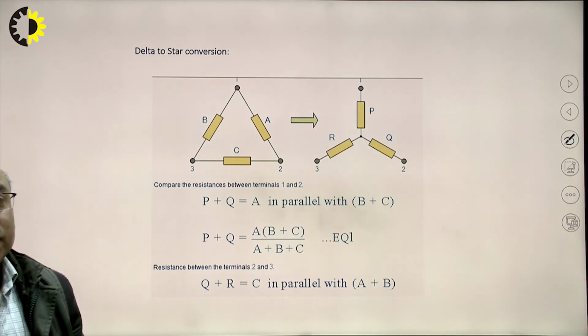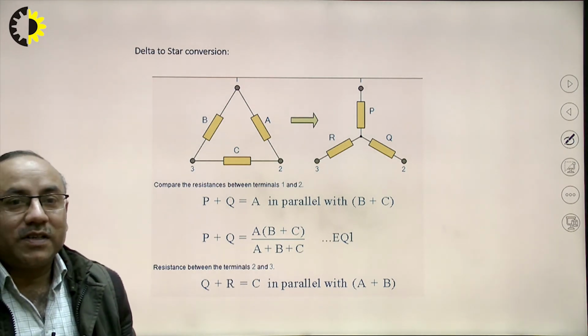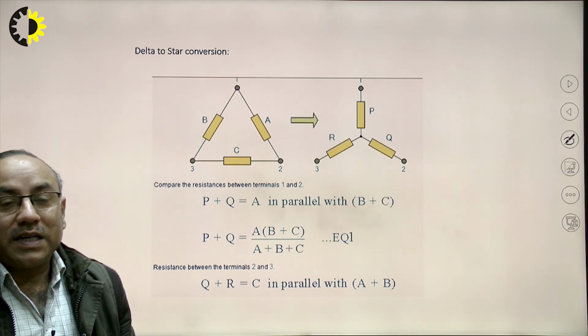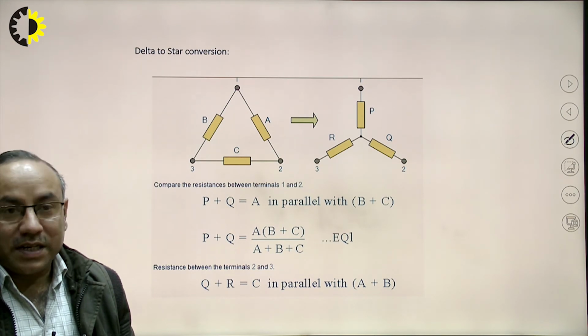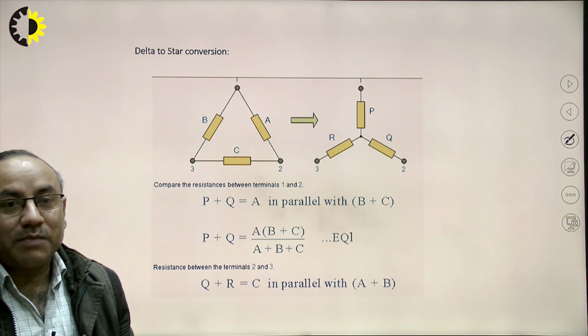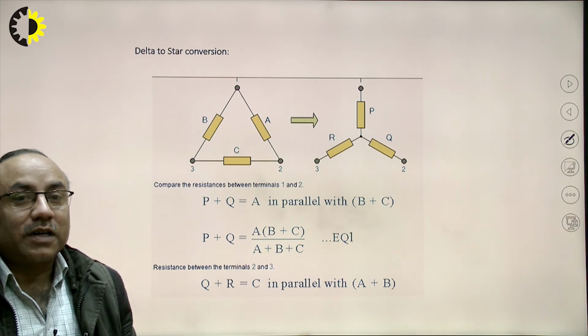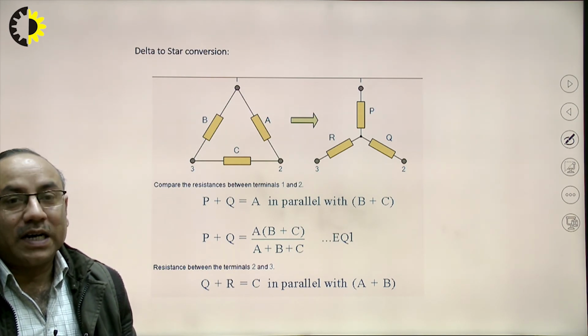So, in the delta connection, across terminals 1 and 2, the resistances B and C are connected in series and that combination is in parallel with A. While in star connection across terminal pair 1 and 2, the two resistances P and Q are connected in series. At that time the resistance R is out of the circuit.